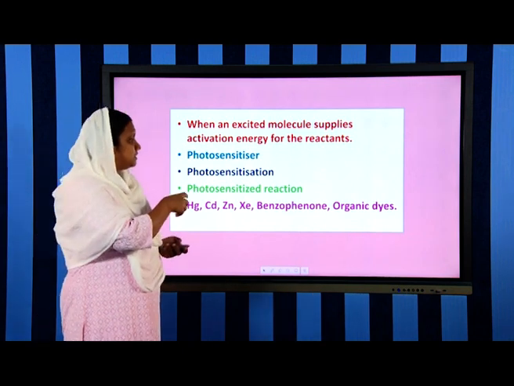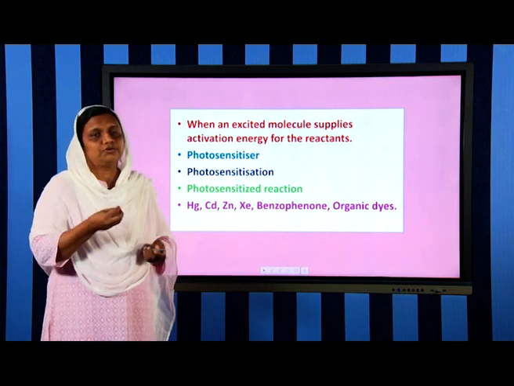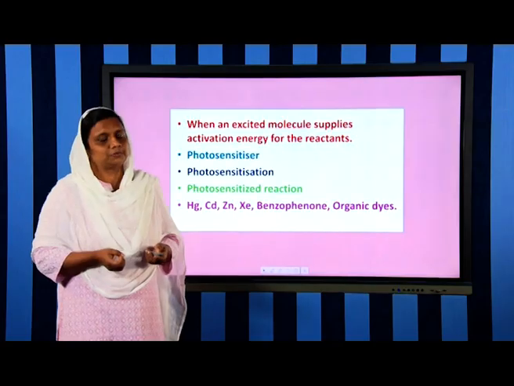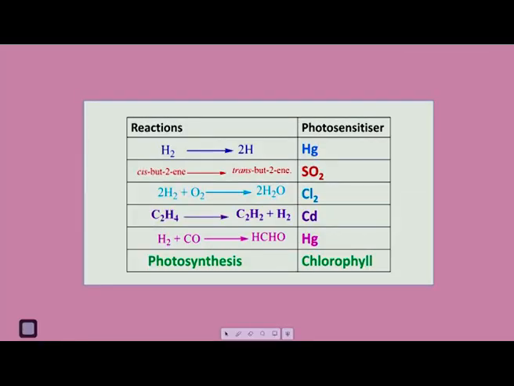This reaction is very useful when we go for green chemical reactions, or reactions which follow the green chemistry protocols. Now, examples of photosensitized reactions: we have conversion of molecular hydrogen to atomic hydrogen, which happens in the presence of mercury. Then we have conversion of cis-butene to trans-butene, which happens in the presence of sulfur dioxide, and various other reactions.